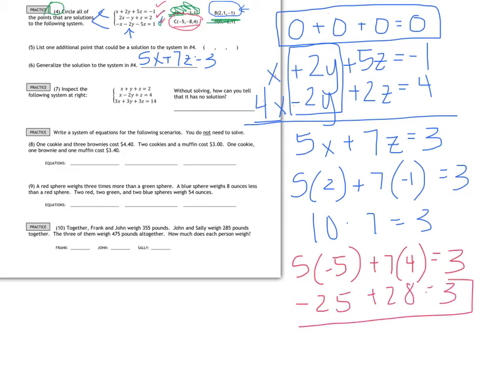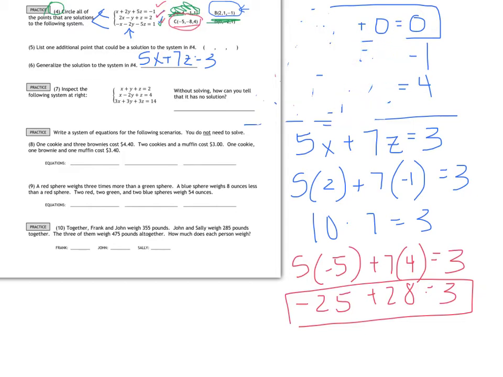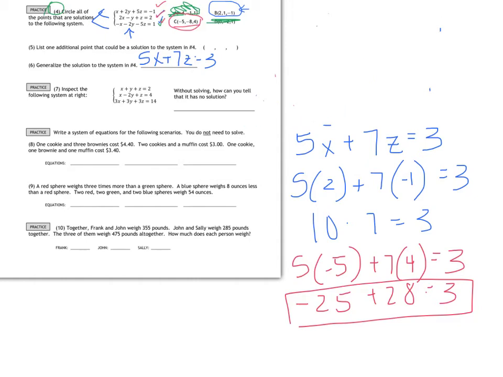So yes, that works. What that tells me, so I'm going to go ahead and erase all this fun stuff up here, is that I can figure out a lot of other answers to this solution. And what I do is I use this equation here to help me with that.